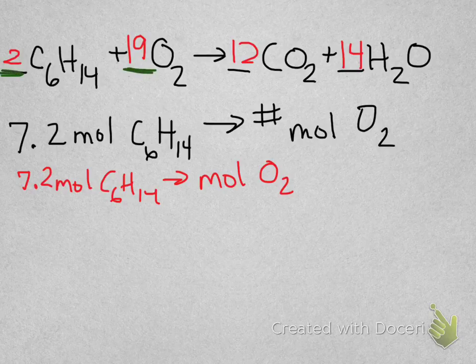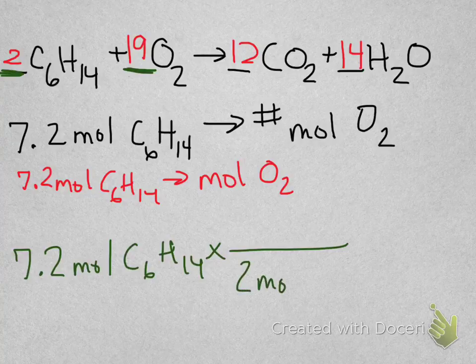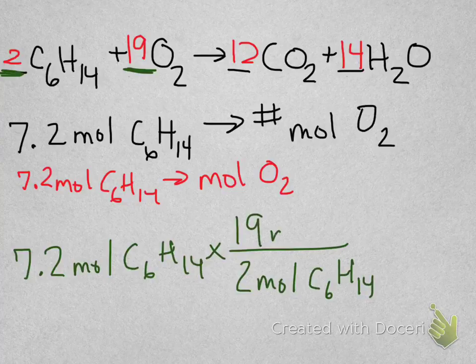For every 2 moles of hexane, we need 19 moles of oxygen. So if we have 7.2 moles of our hexane, for every 2 moles of hexane, we have 19 moles of oxygen.